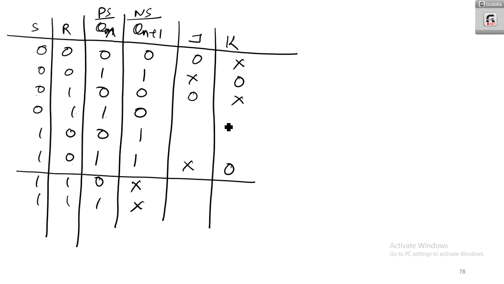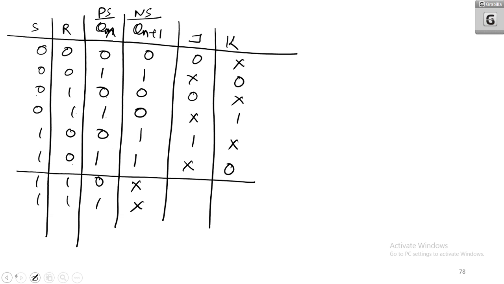That means K is 1 and J is don't care. And here, Qn to Qn plus 1, what we get is set, so it is 1 don't care.